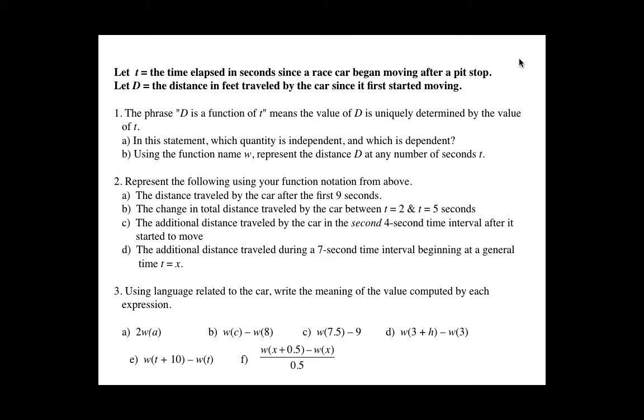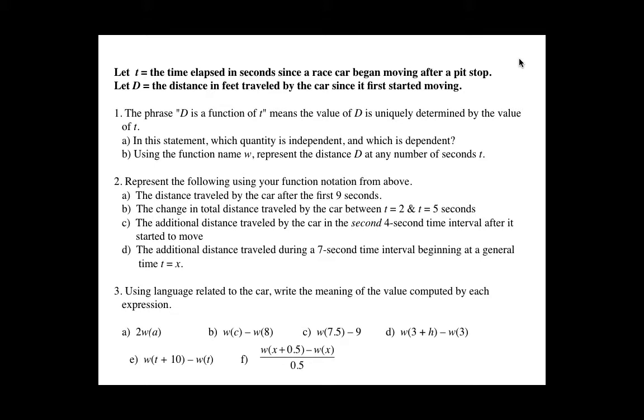So the phrase D is a function of t means the value of D is uniquely determined by the value of t. So thinking about that and what we were just talking about, there's two statements, A and B here. I'm just going to read them and then think about them for a minute.